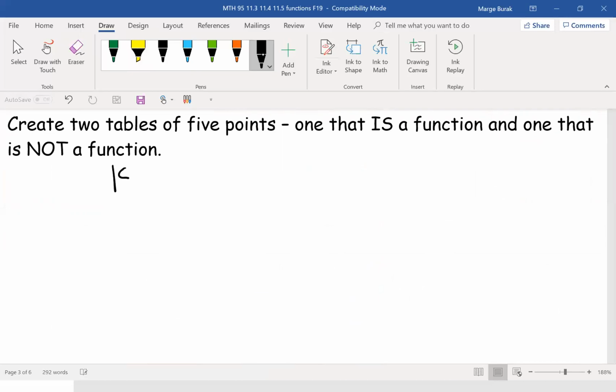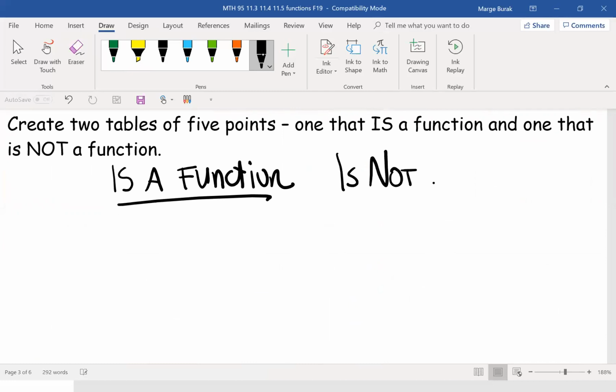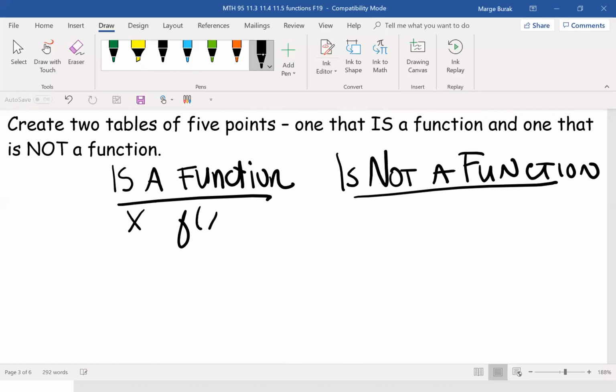So this one is going to be a function. And this one is not going to be a function. All right, so let's just make 2 points. I'll go x and f of x. And it says 5 points.